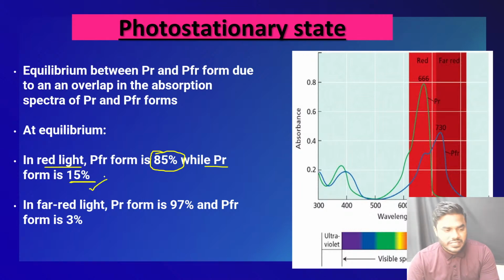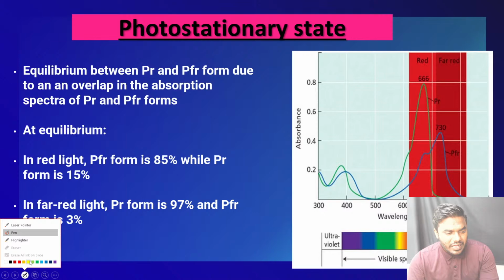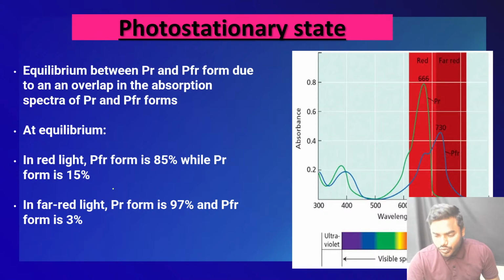Don't get confused with this. Whereas in far red light, PR form is 97%, and PFR form is very less, that is 3%. So friends, what you have to understand is that in the red light, the dominant form is the PFR.